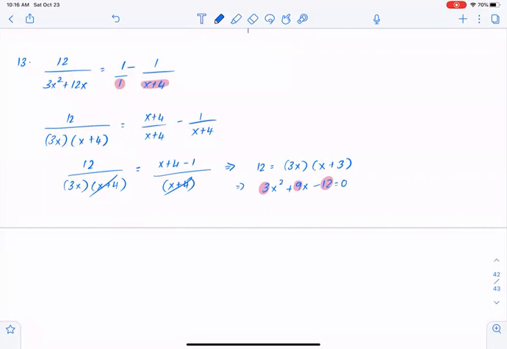So if I divide by 3, I'll have x squared plus 3x minus 4 equals 0, which I can factor as x plus 4 times x minus 1. By setting each factor equal to 0, we will get x is equal to minus 4 and x is equal to 1 as the two solutions.